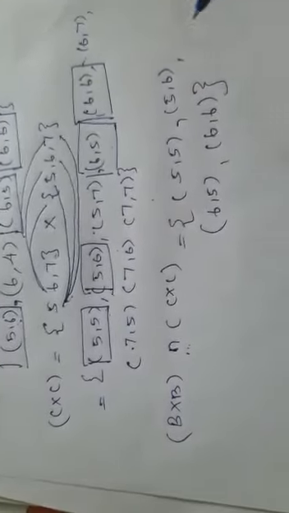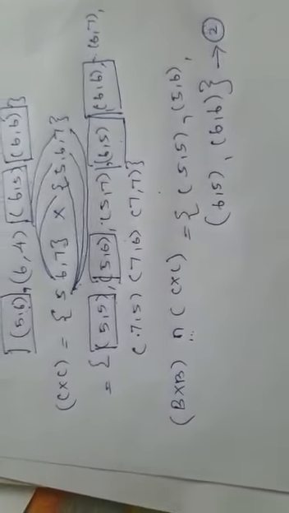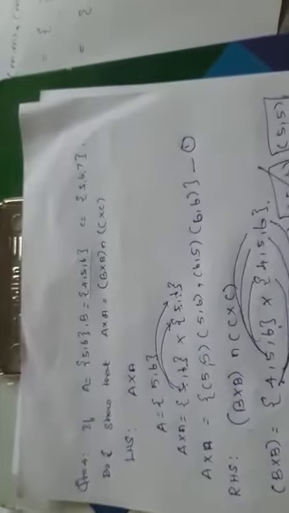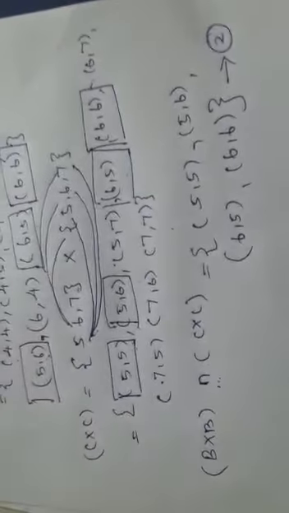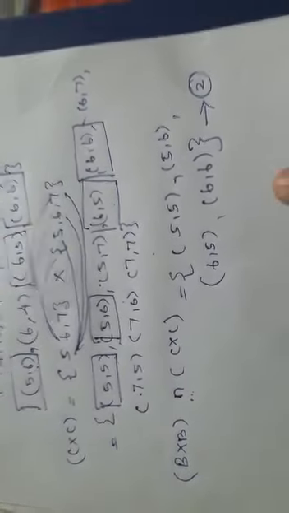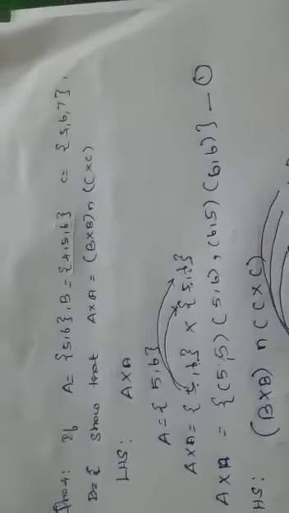So with this, the RHS part is over. Mark this as equation 2. Now we have to show that both the LHS and RHS are equal. Check whether the answers of A cross A and B cross B intersection C cross C are equal. Yes, both the answers are equal.